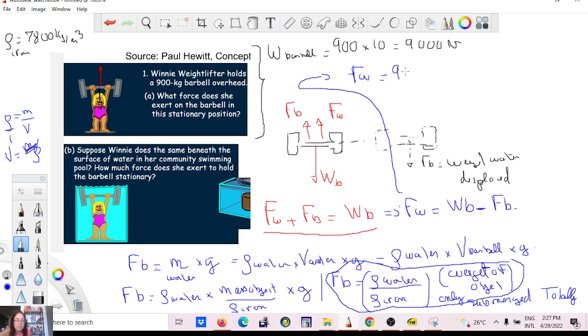That will be 9,000 Newton minus rho of the water divided by rho of iron times 9,000. So you can do the computation. You have the iron, so you can go ahead and do it, but I just want to keep going here.